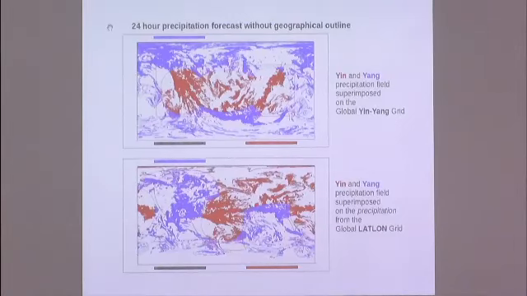Here we have the Yin-Yang precipitation field superposed and precipitation from the global lat-lon. It's a little bit confusing. So we have Yin in red, Yang in blue, and black is for lat-lon.